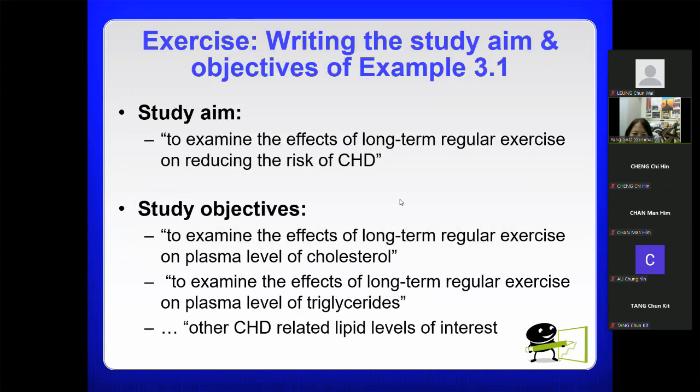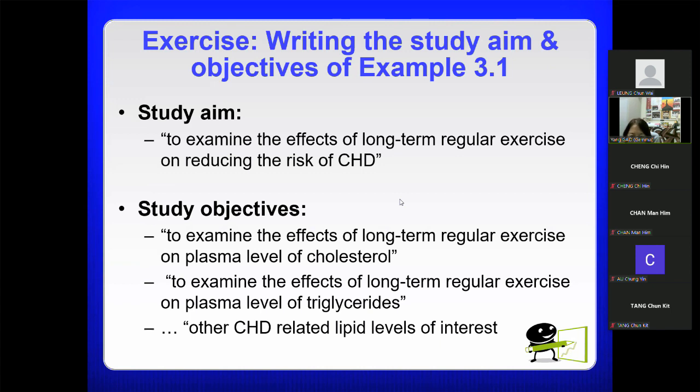So the study aim of that example is to examine the effect of long-term exercise in terms of reducing the risk of coronary heart disease. The study further measured what?